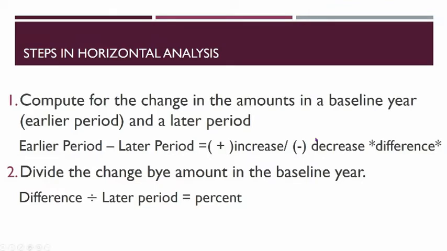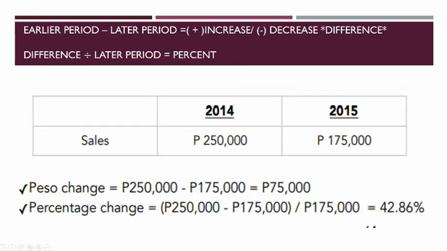For example, we have this one. The earlier period minus the later period will be 250,000 minus 175,000. As you can see on the dates, 2014 is the earlier period, minus 2015, which is the later period.